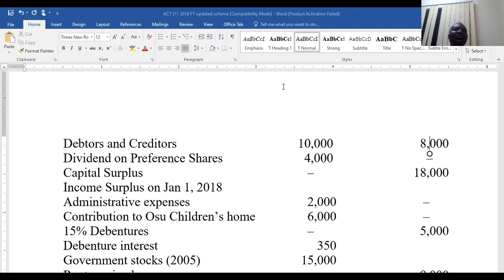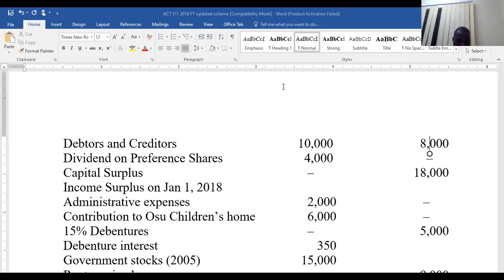Then you come down and write proposed dividend. The dividend you are yet to pay must also appear over there. Proposed dividend, ordinary share, you have 28,000.